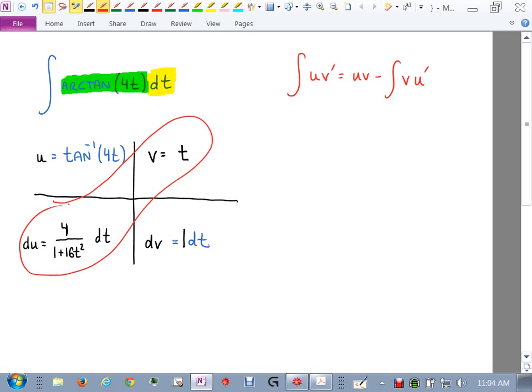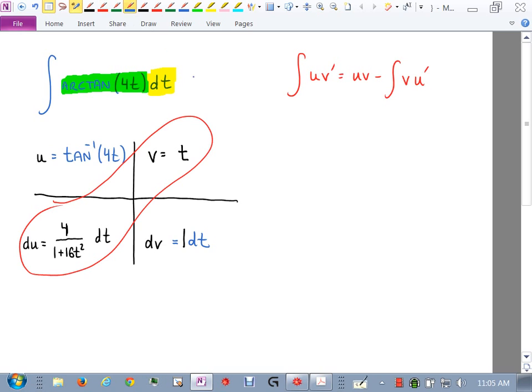Does everyone kind of see, before I write it all down, that we will be able to integrate that because the bottom, 1 plus 16t squared, if we call that u, do a basic substitution, the derivative of that would be what? What's the derivative? 32t. We would have a 4t, wouldn't we? So we'd be off by a constant. We want to try and get to that point where we're seeing all of this before we're doing it. It saves you a lot of time and energy.